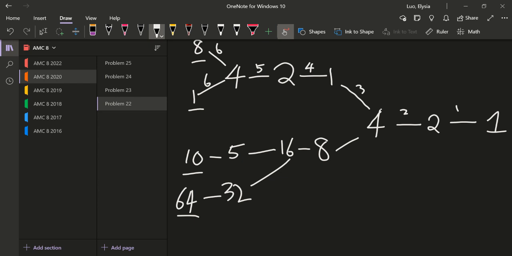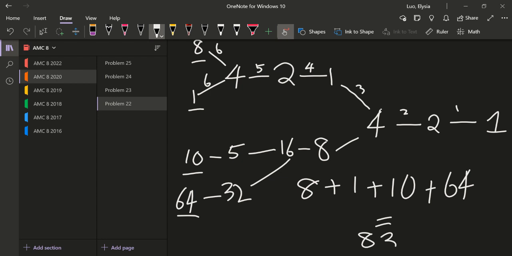Since it's asking for the sum of all starting integers n with the final output of 1, all you have to do for the final answer is add these numbers up. So you add 8 plus 1 plus 10 plus 64, which will give you the answer of 83.